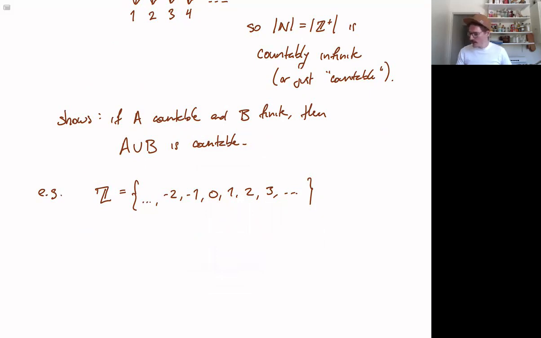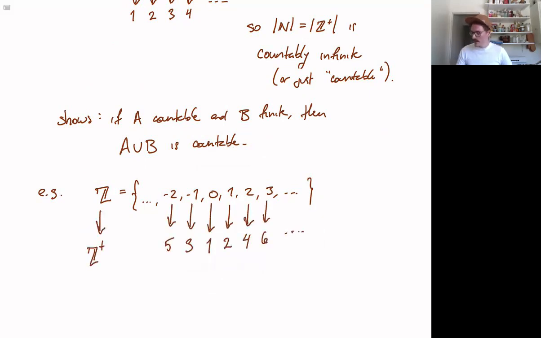Here, let's define a map from Z to Z plus. I'm writing this a little bit informally, but let's do it like this. 0 is going to map to 1, and then 1 is going to map to 2, and then we're going to go onto this side, maps to 3, this side maps to 4, this side maps to 5, this maps to 6, and so on.